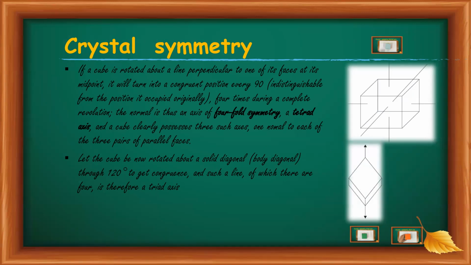It is this axis. And the next is the diad axis. It is the line joining the midpoints of a pair of opposite parallel edges.